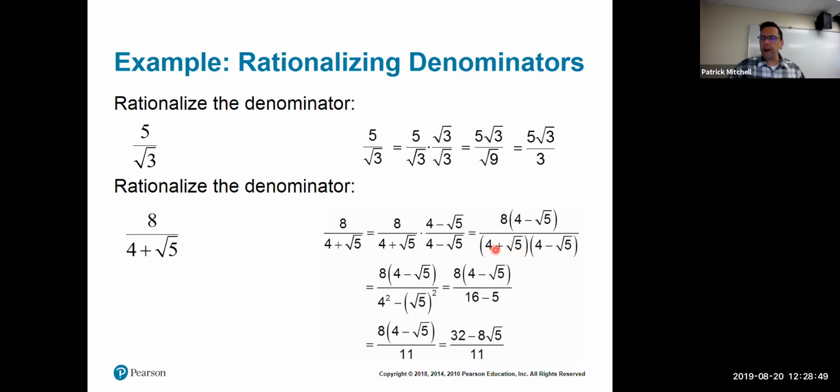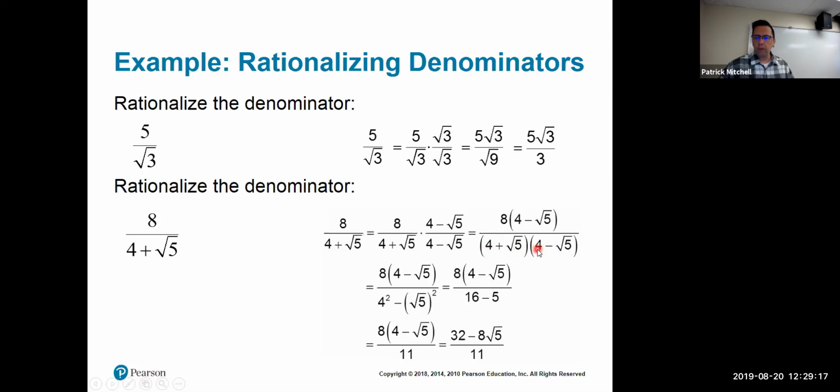This expression right here, 4 plus the square root of 5 times 4 minus the square root of 5, is what we call a difference of two squares. I get very excited whenever I see one of these. It has the form a plus b times a minus b. And whenever you multiply an a plus b times an a minus b, what you get is an a squared minus b squared, which is what you see here.